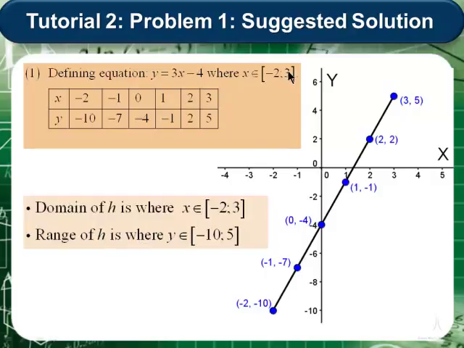So the domain as given only runs from x values of minus 2 to 3, while the range of h, the smallest value is minus 10 and the biggest value is 5. So the range of h is all the y's that belongs to the completely closed interval from minus 10 to 5. Remember, you always write the smallest value first and then the bigger value.